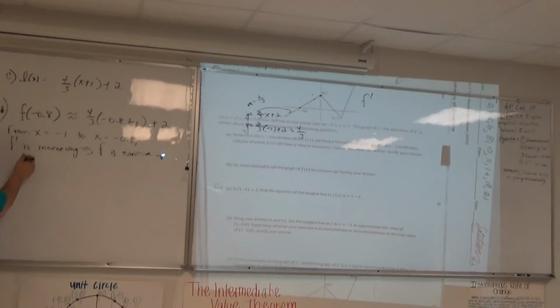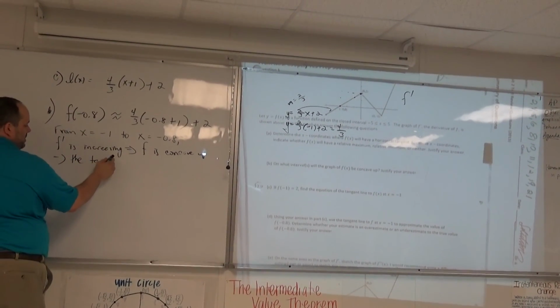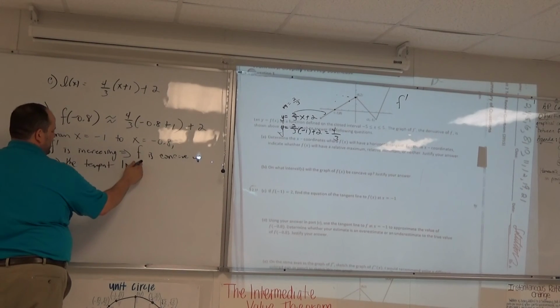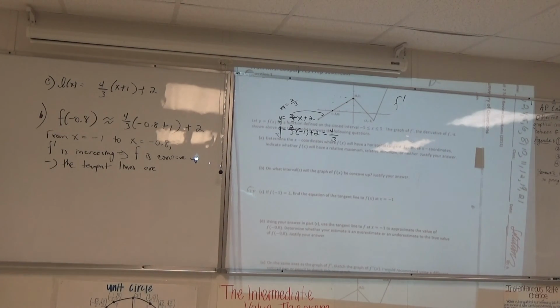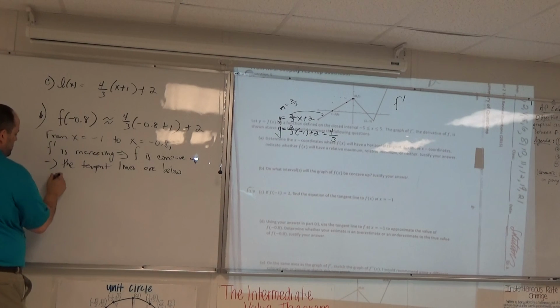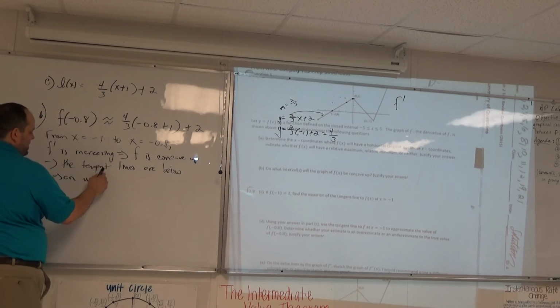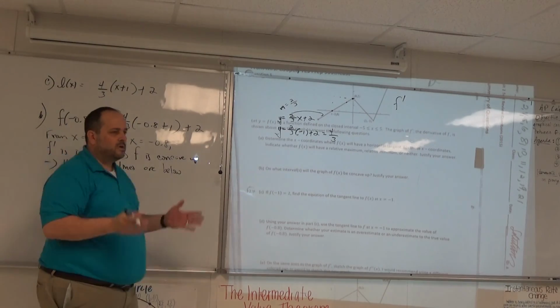If f is concave up, where are the tangent lines? Draw concave up for me. They are below, which implies an underestimate.